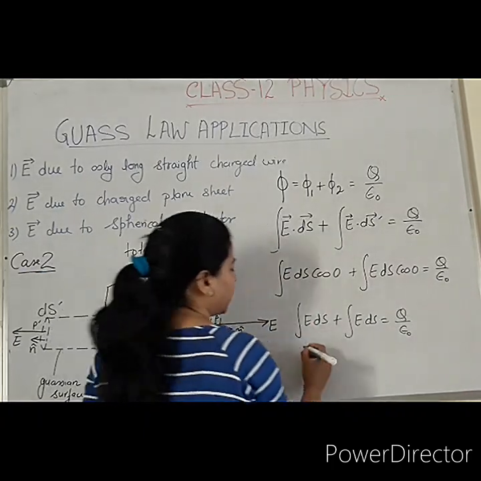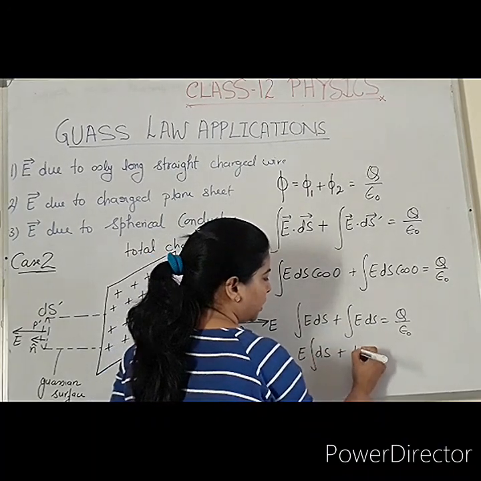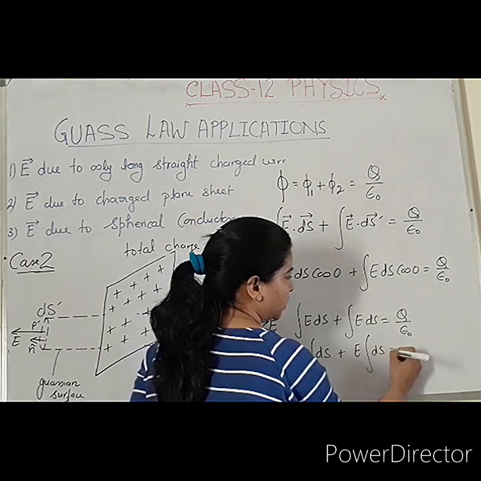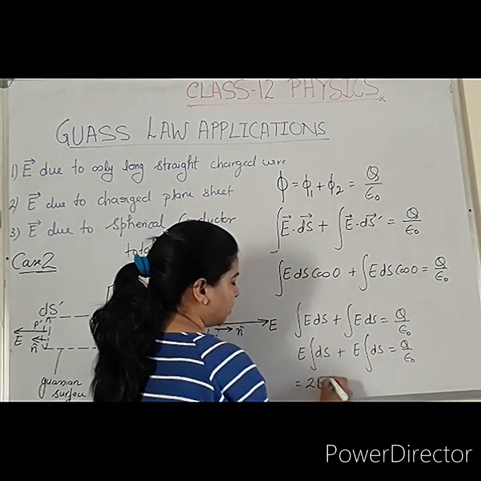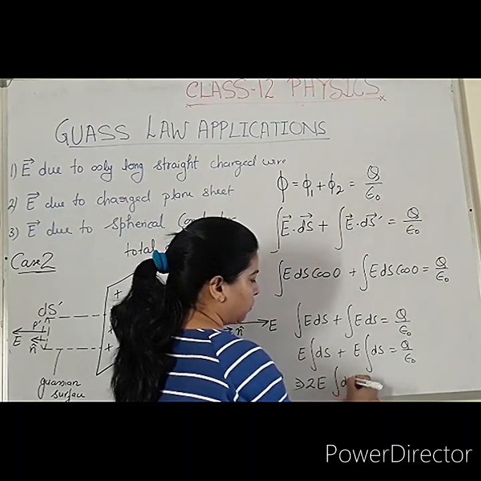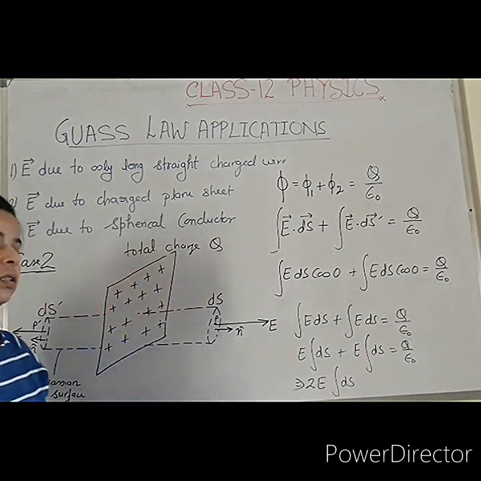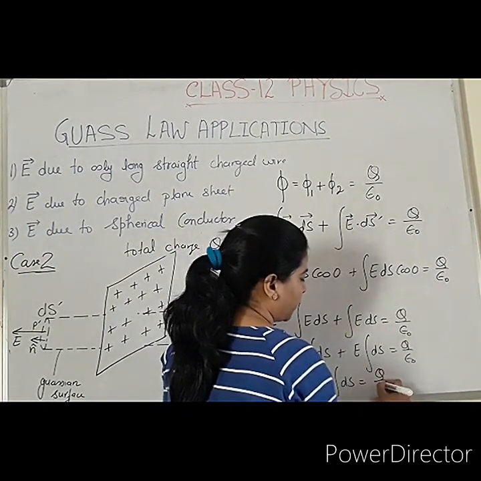Now E you can take out of the integration of ds. Similarly, E taken out of the integration of ds, equals Q divided by epsilon naught. It will come as twice of E and integration of ds. You have taken it as both values are the same, so it will be twice the value.